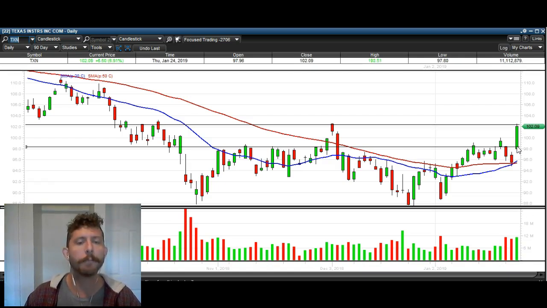All right, very bullish action. I think TXN is going to head higher from here. Looking for retracement as far as entries, you can enter near about $100 to $98. $100 to $98 to me is a great buying opportunity for this stock.